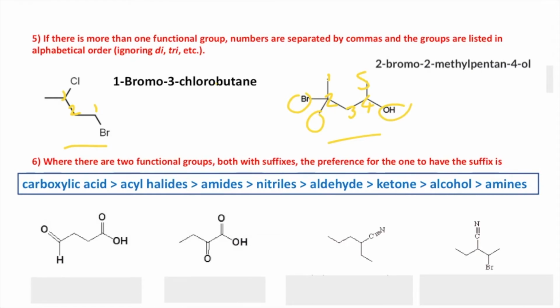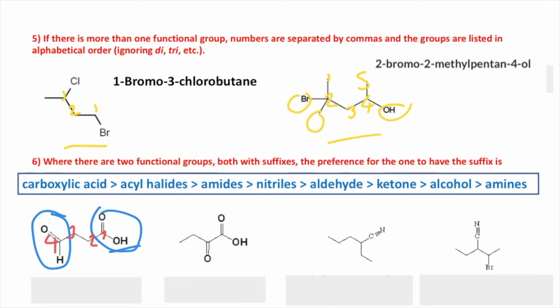So the first one, you can see that we have got a carboxylic acid group on one end, and we've got an aldehyde group over the other end. So the carboxylic acid takes precedence over the aldehyde. My carbon chain, this is a bit sneaky because we use skeletal formula here, but my carbon chain has got 1, 2, 3, 4 carbons in it.